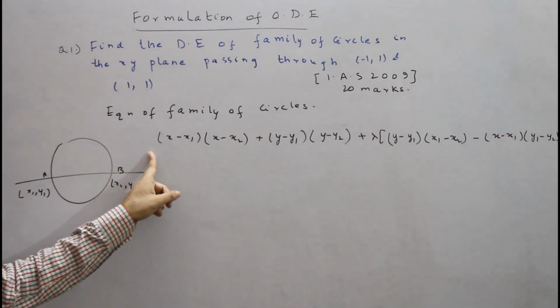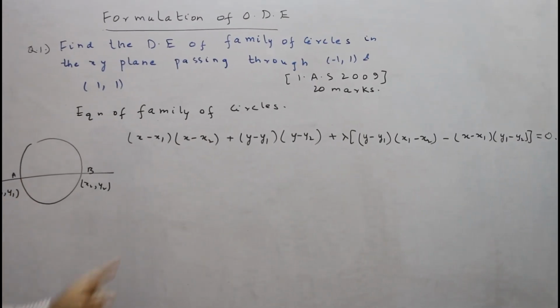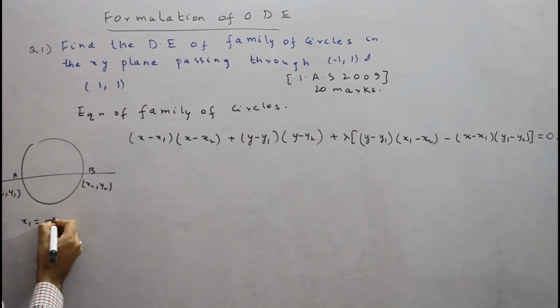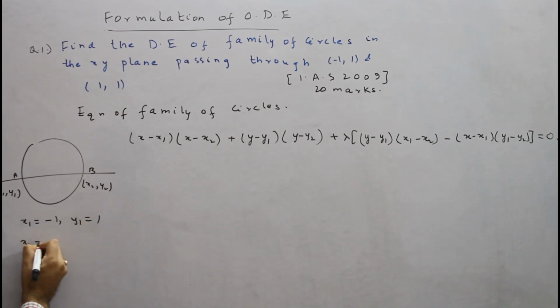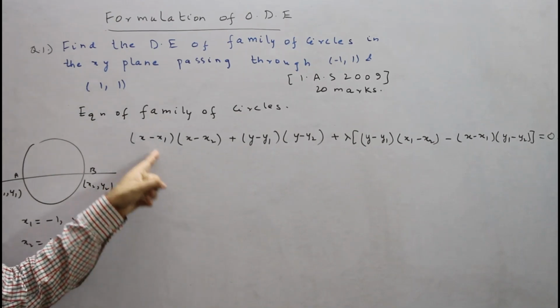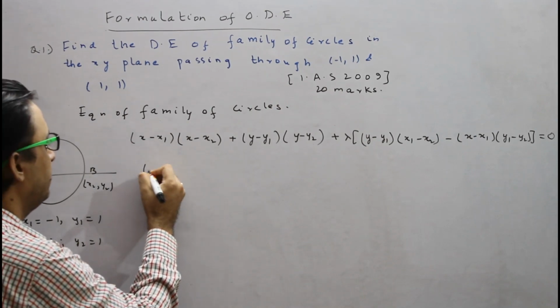So this is the general equation, and here we are given the points. Here x1 we can write as minus 1 and y1 is 1, x2 is 1 and y2 is 1. If we plug these values in, we are going to get the equation of the family of circles.